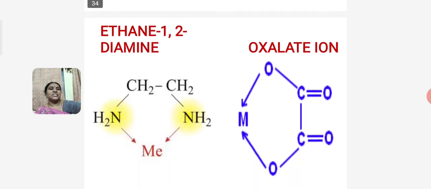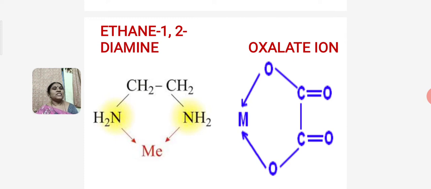Now you see these two ligands, ethane 1,2-diamine and oxalate ion. In these cases, you can see, in case of ethane 1,2-diamine, there are two NH2 groups which carry a lone pair of electrons, and these can donate an electron pair towards the central metal atom.